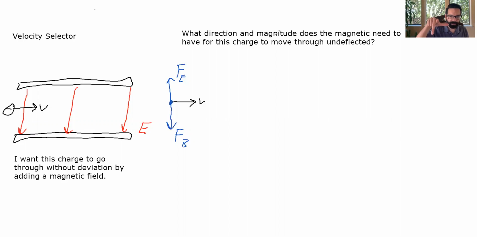How do you get your pointer, which represents your magnetic field, coming out of the screen? You're going to do the chicken claw method. Thumb represents velocity, the velocity of your charge. You're looking at your screen, the charge is going to the right, so point your thumb to the right. Then my middle finger represents force.